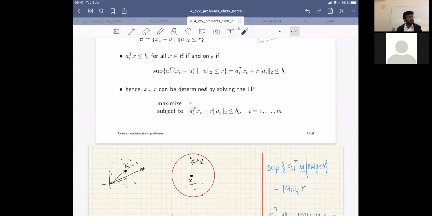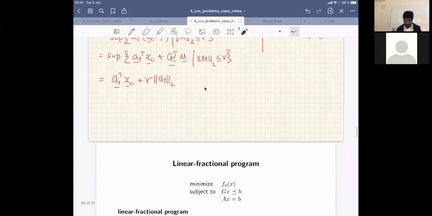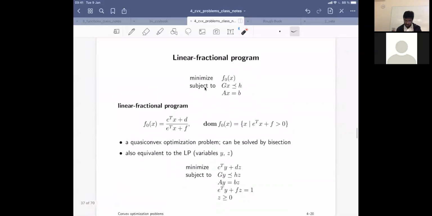That's the question. If r is the variable here, this is a constant, these are constants. So then this is readily affine, right? xc is also constant. Yeah, these are some examples.